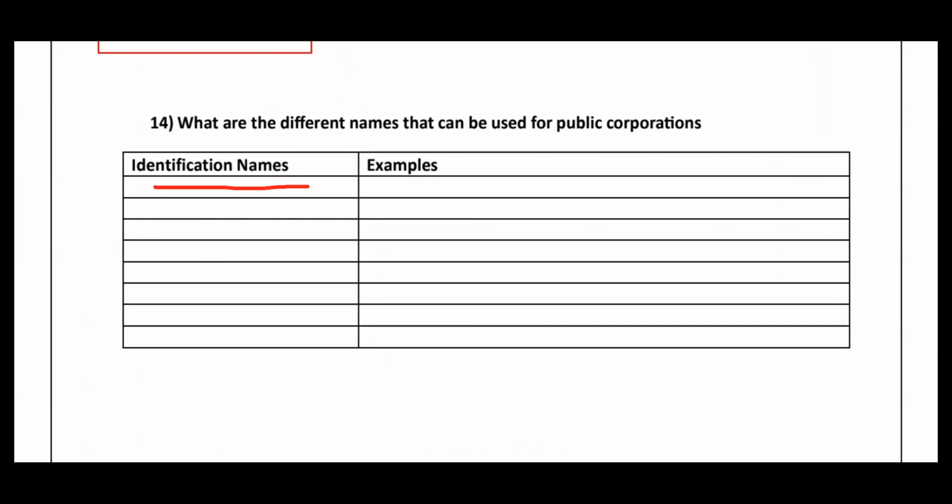Example, Ceylon Petroleum Corporation and Sri Lanka Rupavahini Corporation. Those are public corporations, by the name itself. But sometimes you can use other names to refer to a corporation, which is authority.